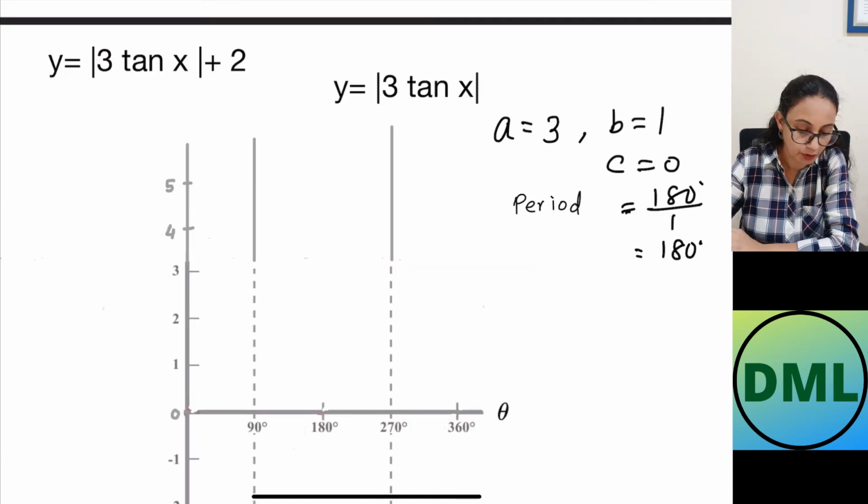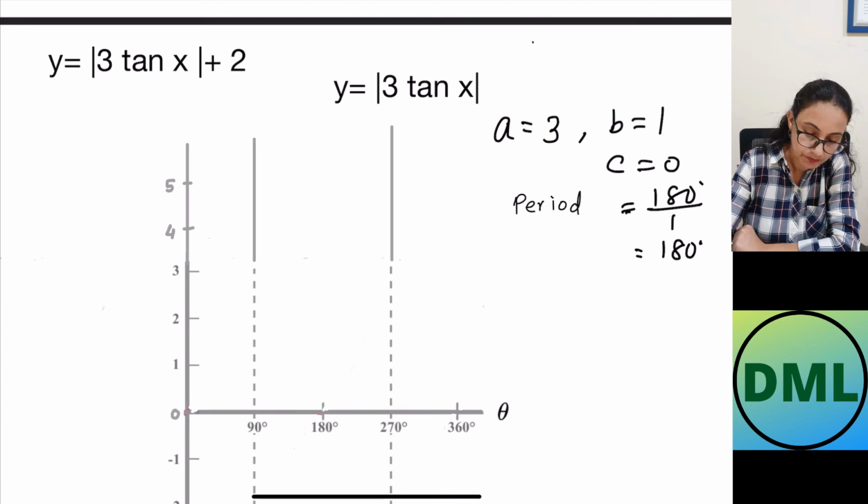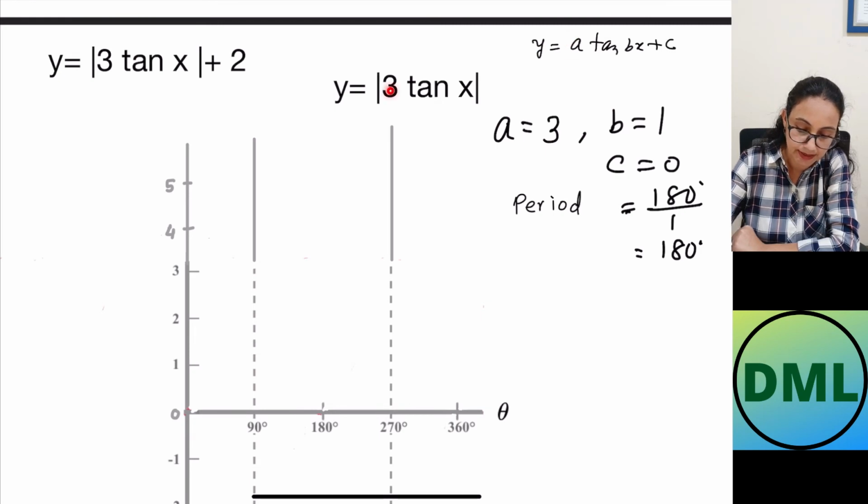Y is equal to mod of 3 tan x, mod closed, then plus 2. First I will look for the graph y is equal to mod of 3 tan x. If I compare my graph with the original curve y is equal to a tan bx plus c, my value for a is 3, the value for b is 1, and there is no constant here, so the value for c is 0.